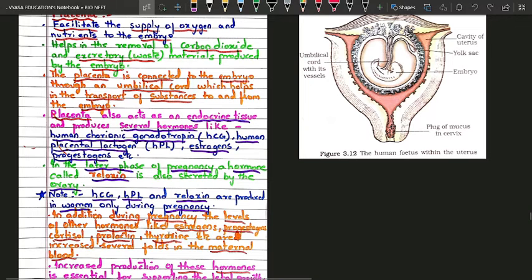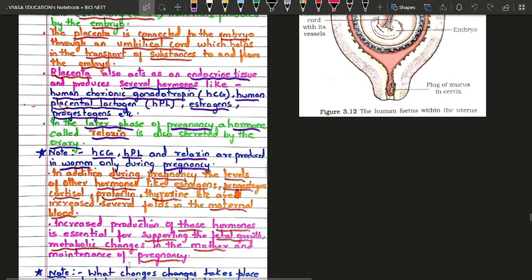Which are the hormones? Estrogen, progesterone, cortisol, prolactin, thyroxine are also present in the absence of pregnancy, but they are increased several folds in the maternal blood during pregnancy.